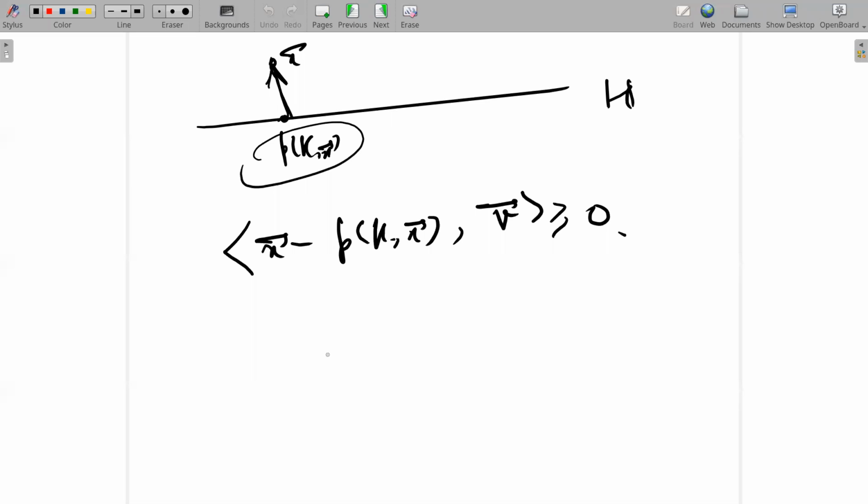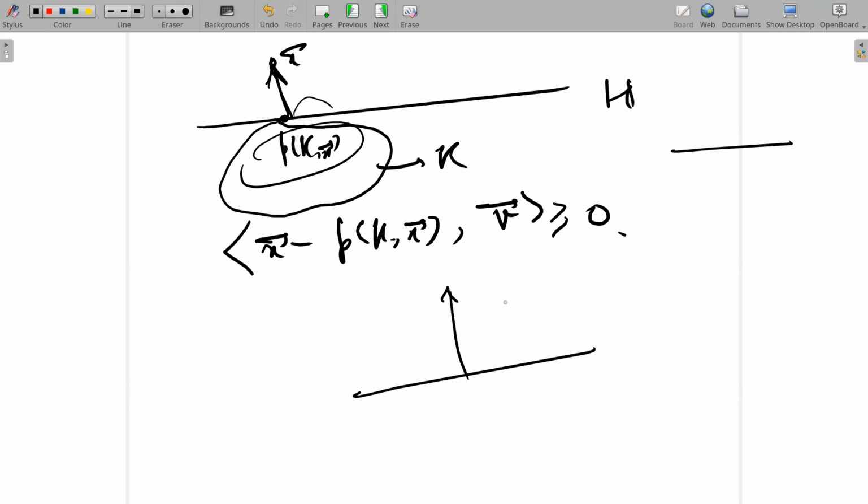For that, I want to first show that the whole of K is on this side. That's because this is the closest point. If K was passing over to the other side, there is a way to find a closer point. How so? If you have a point here, you just join this line.